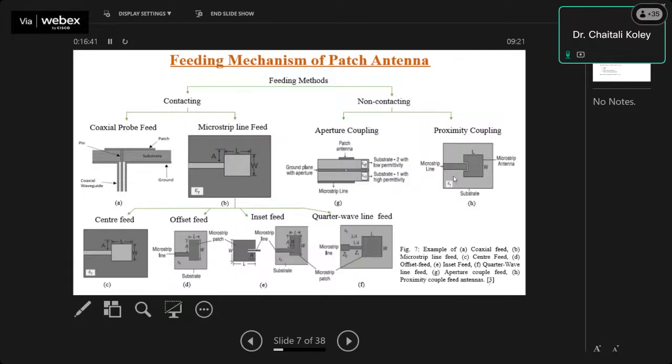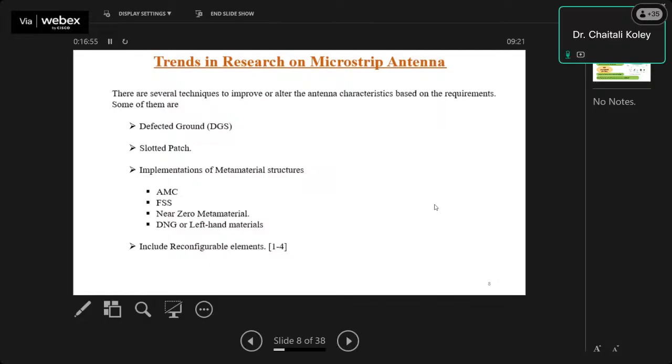So this is the overall feeding mechanism. Depending upon the different application and requirement, different researchers have done different types of experiments on which feeding mechanism to use. A lot of people are working on the microstrip patch antenna, on how to improve the antenna characteristics.